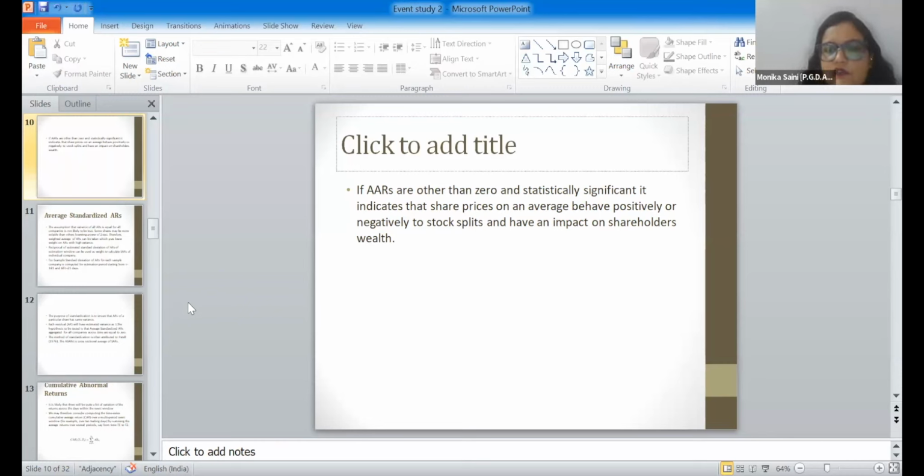If we have more than 10 or 20 or 30, we will be taking around a 200 sample size, and we will be talking about the calculation of cumulative abnormal return, cumulative average abnormal return, standardized abnormal return, what is standardized abnormal return, and how it is different from the average abnormal return or cumulative average abnormal return. So in the next half, we will be discussing these things by using Excel, the practical part of this.